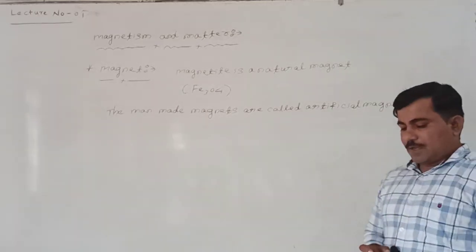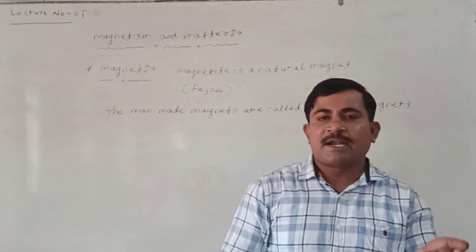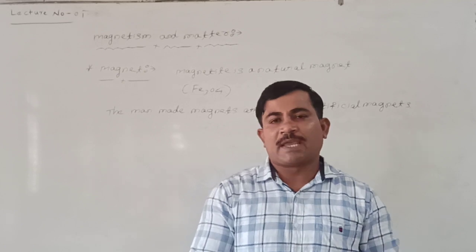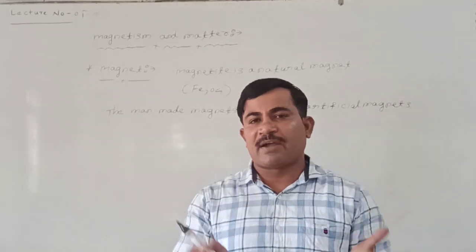See here, we can give different shapes by passing a current in an iron core or nickel or cobalt, or when a natural magnet is well polished and given a definite shape.